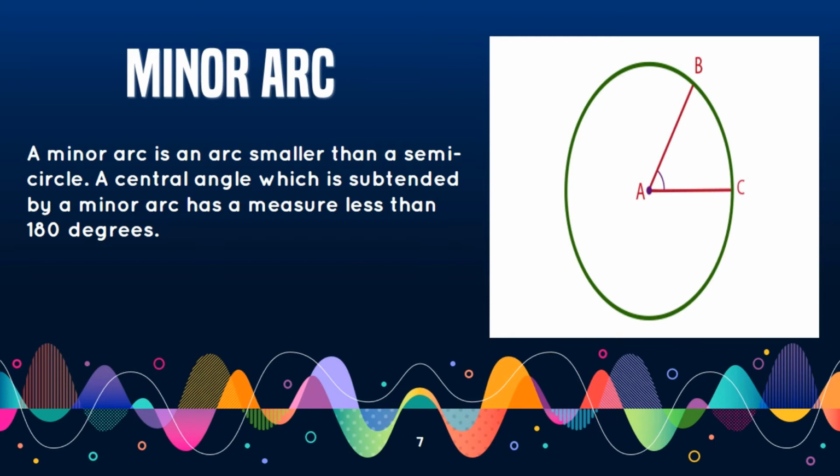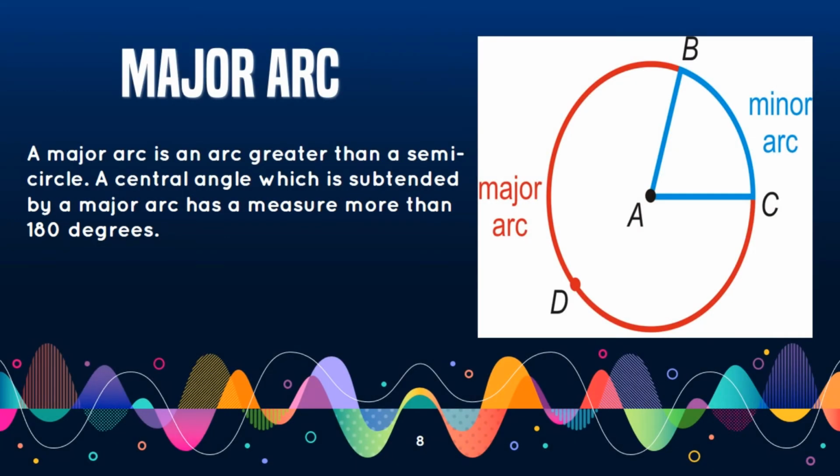Therefore, it is a minor arc. Minor arcs can be represented by only 2 points within the arc. So in this case, minor arc in the figure is minor arc BC.